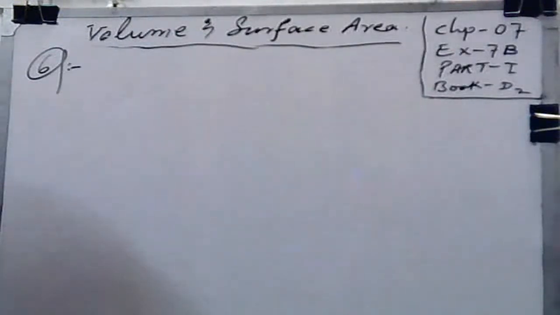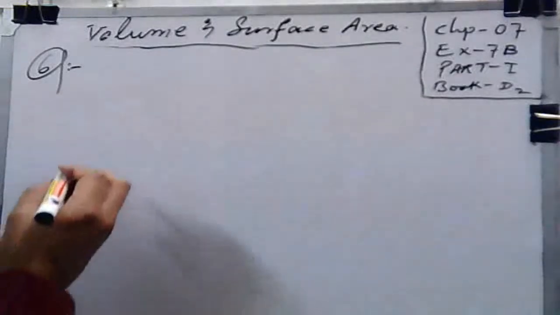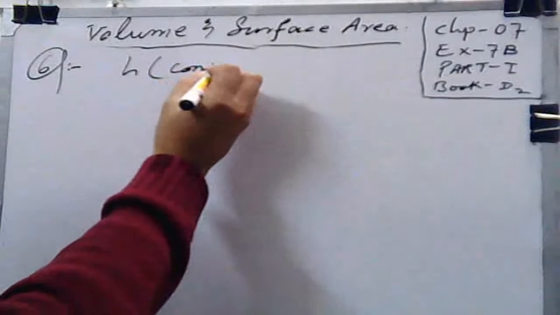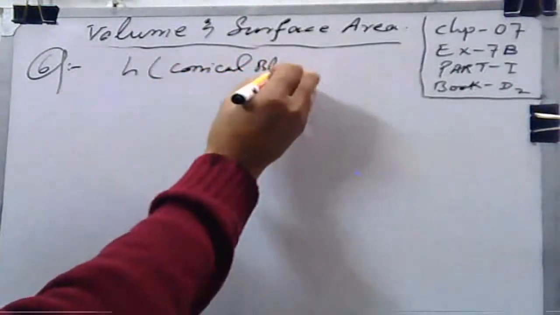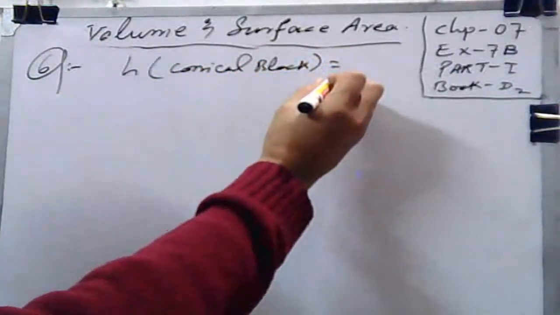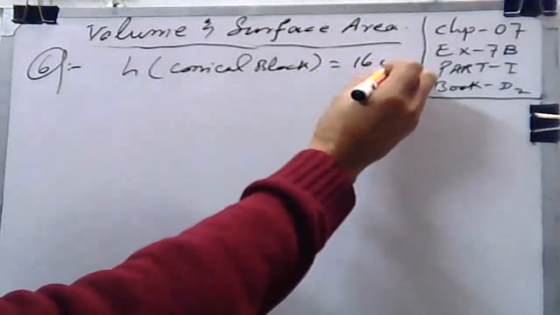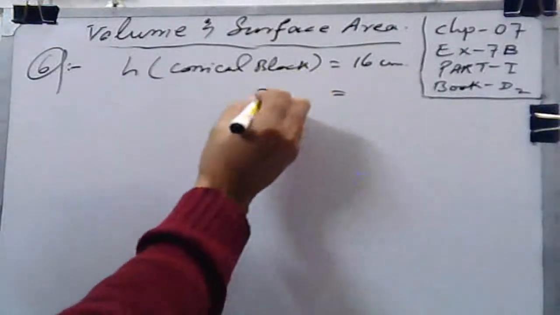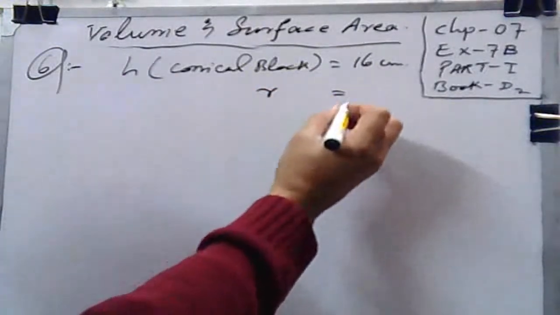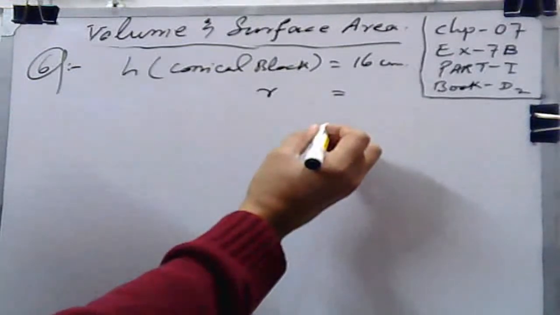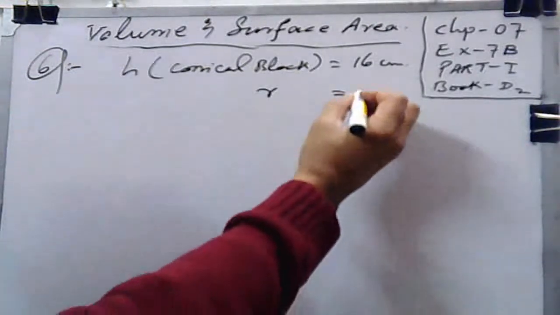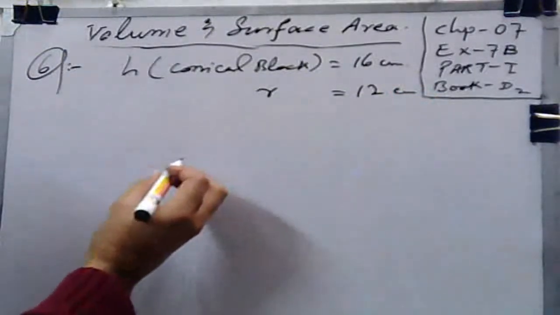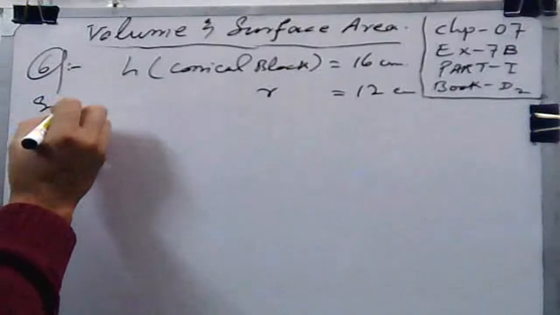Okay, height h of conical block is equal to 16 centimeter, and radius is given, that is 12 centimeter.